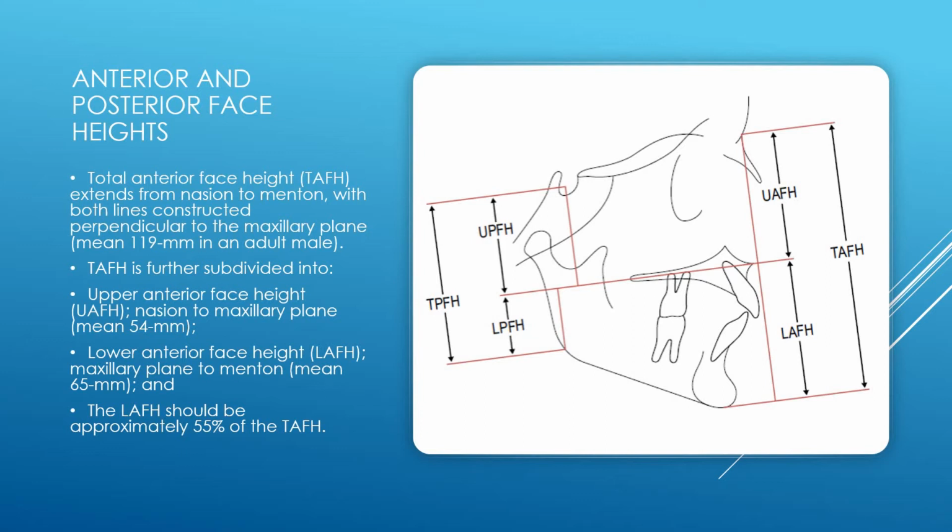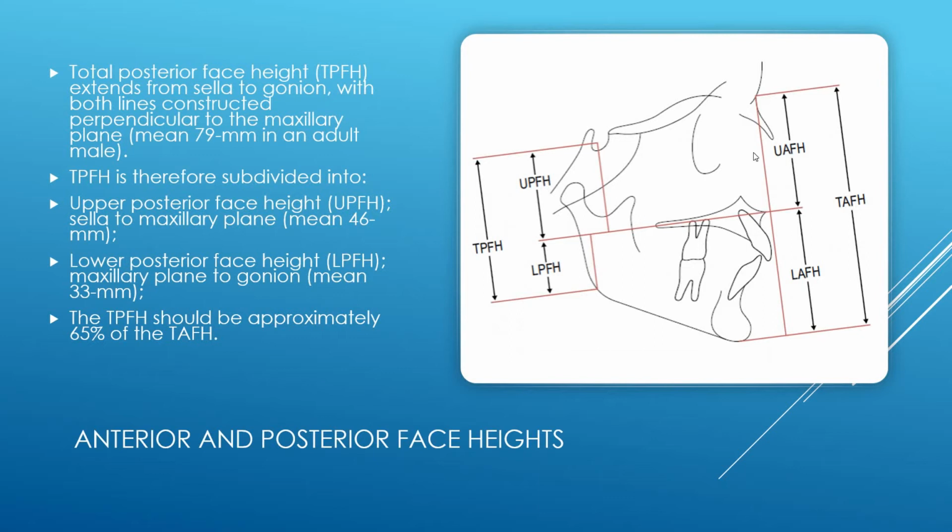Referring to the SN maxillary plane angle can check the relative position of sella within the cranium. This is the ratio of total posterior facial height.